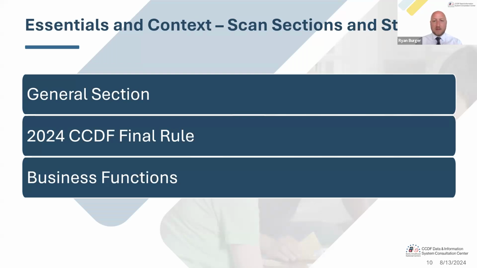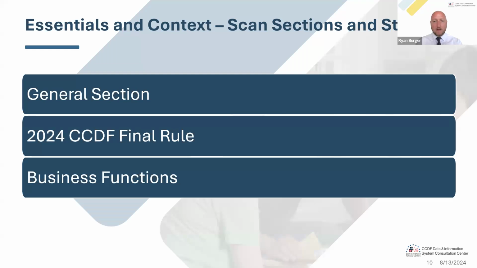Whether a system is specific to CCDF or supports multiple programs in an enterprise fashion may also determine how you think about and respond to each question across the business functions. Given this context, we'll provide some additional information and clarification on some of the questions in the scan.